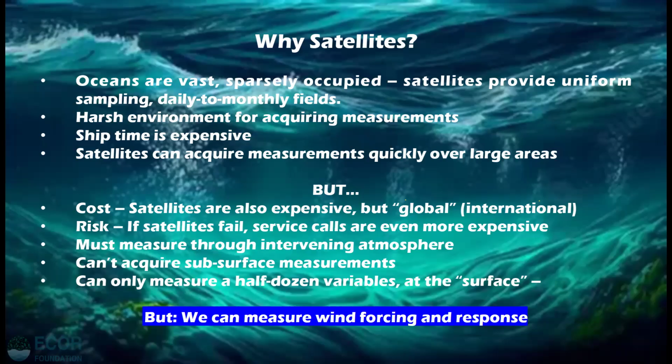So for a regional plot or global coverage, satellites are the best option. We have the advantages of economic feasibility, and the risk is also very low. And we can measure the wind forcing and response through satellites. So these are the main advantages of why we should choose satellites for large global coverage in oceanographic studies.